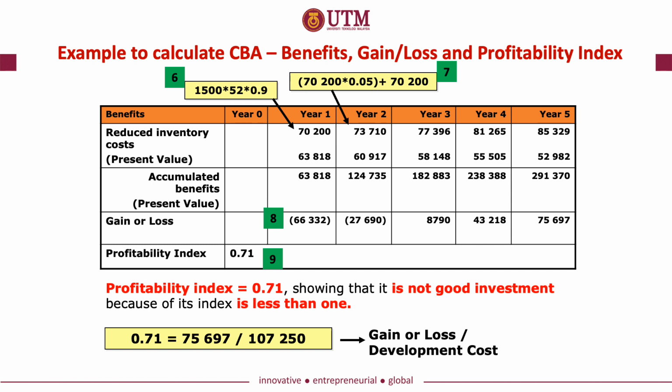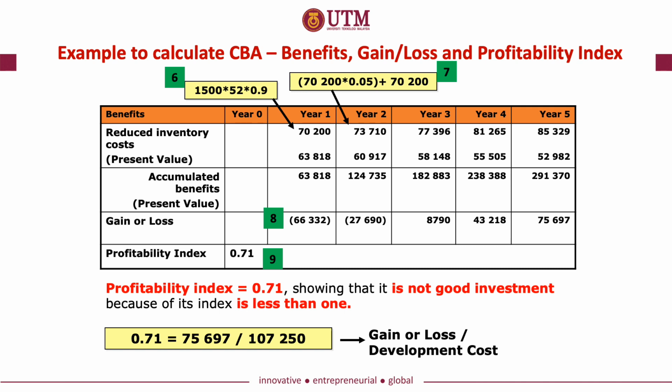In step 8, calculate whether the project is a gain or loss for each period of years. The formula for this step is accumulated benefit minus accumulated cost for each year. For example, in year 1, 66,332 in brackets shows a negative value that represents a loss for year 1.